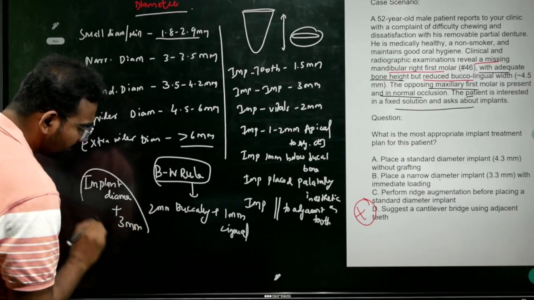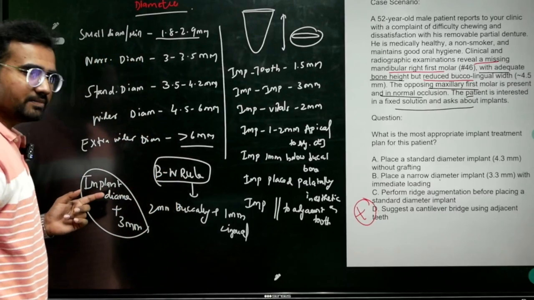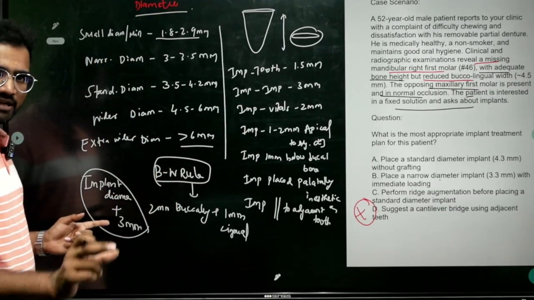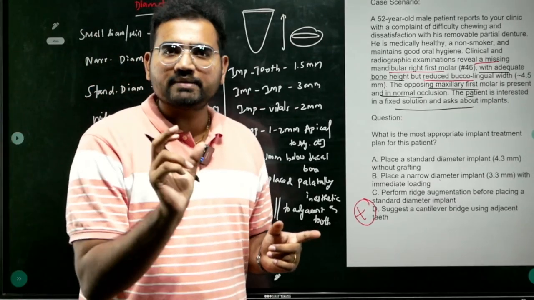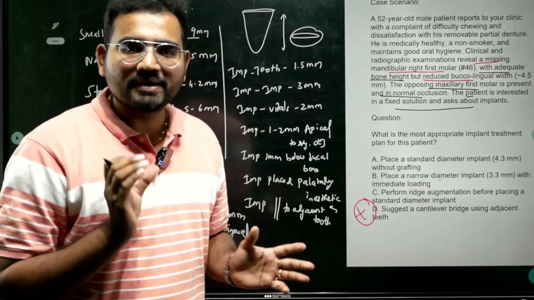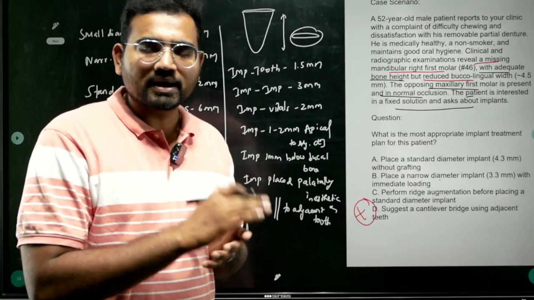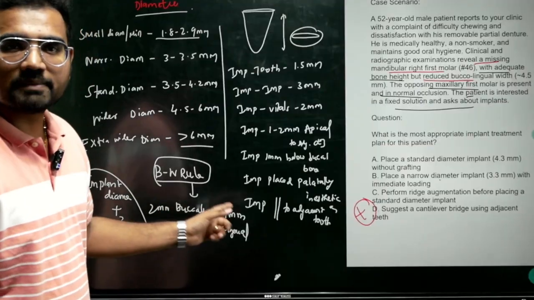For example, if I am placing a 4 mm implant, there should be 7 mm of buccolingual width. For a 5 mm diameter implant, there should be 8 mm of buccolingual width. So 2 buccally, 1 lingually. This is the bone width to implant ratio.